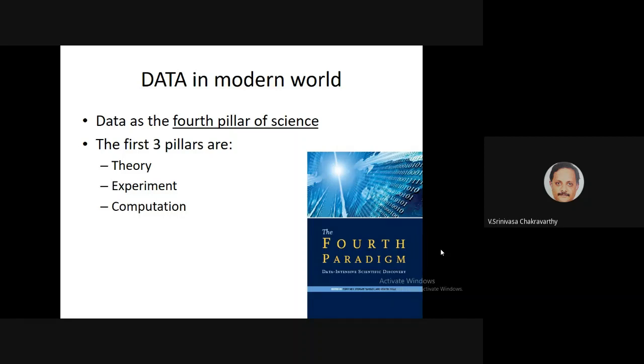Now, data has become so important these days. It's now considered the fourth pillar of science. In science, we know traditionally there are two foundations: theory and experiment. And even between theory and experiment, experiment came first, and theory came much later. If you look at the history of astronomy, people have been tracking planetary motion and star positions in the sky for millennia.